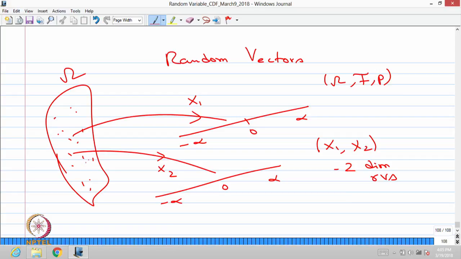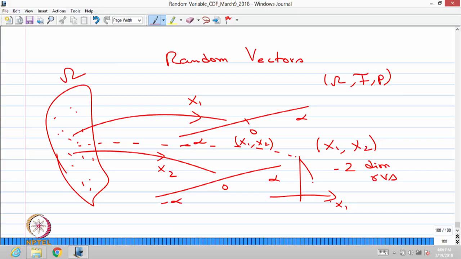The same omega, x1 comma x2 is defined such that the possible values lie in the two-dimensional plane.